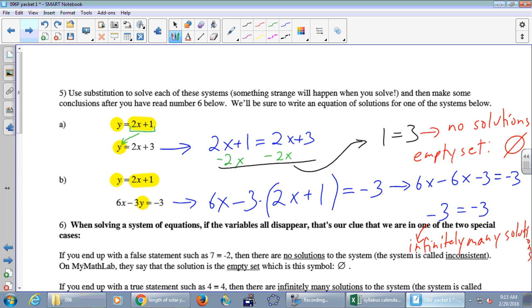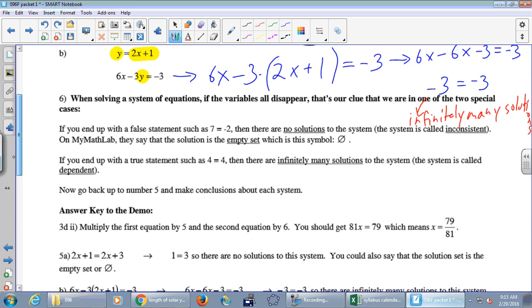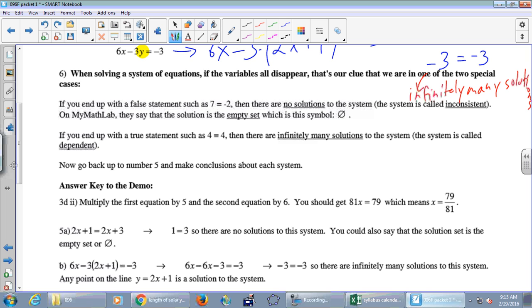So the problem here is going to say solve the system, and you need to tell me about the solutions of the system. Like in lesson 10, we talked about how the graph cues you into what the solutions are, but ultimately the final thing you need to write is about the solutions, not about the graph. It's written here: if the variables all disappear, it's one of two special cases.